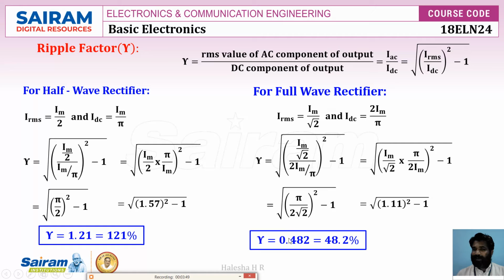So that is 0.482, or 48.2%, which means the ripple factor is reduced compared to the half-wave rectifier. So efficiency is increased in the full-wave rectifier and ripple factor is reduced. So this is about the ripple factor.